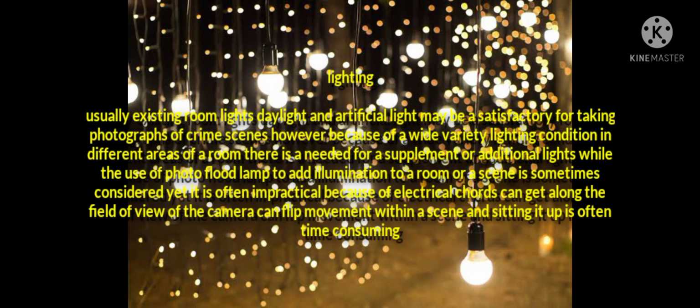The use of photoflood lamps to add illumination to a room or a scene is sometimes considered, yet it is often impractical because electrical cords can get in the field of view of the camera, can impede free movement within the scene, and setting it up is often time consuming.